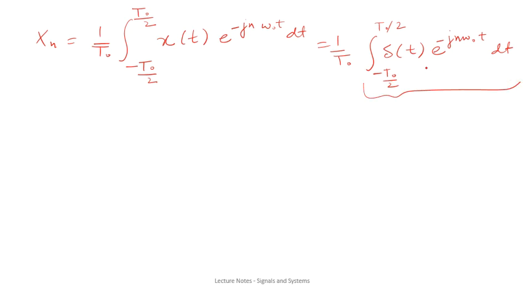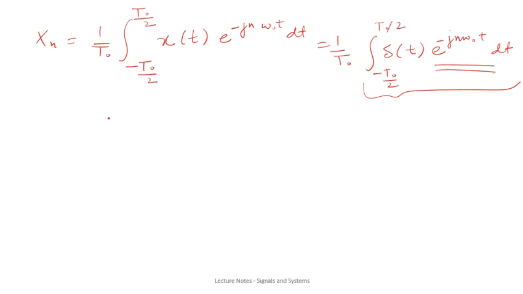From the sampling property, if you remember, that we discussed in the first unit when we were discussing the impulse functions, the integral which I have marked is the value of e raised to the power minus j n omega naught t at t equals 0, because the impulse is located at t equals 0, isn't it?